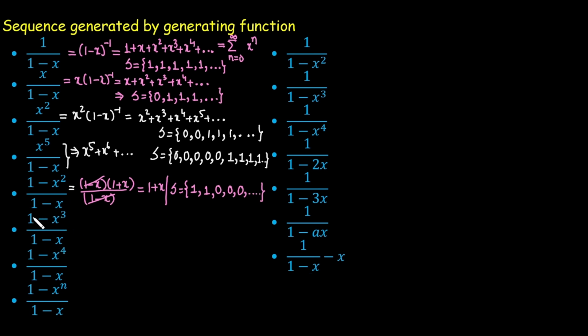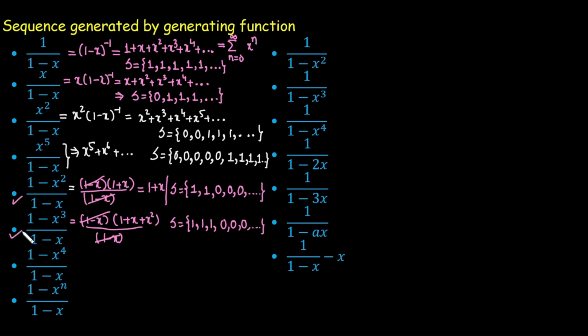For the next case, the simplified form is 1 minus x into 1 plus x plus x square upon 1 minus x. So again this term gets cancelled with this one. We have this series and from here we are getting the sequence of the form: constant term is 1, coefficient of x is 1, coefficient of x square is again 1 and the rest of the terms are 0.